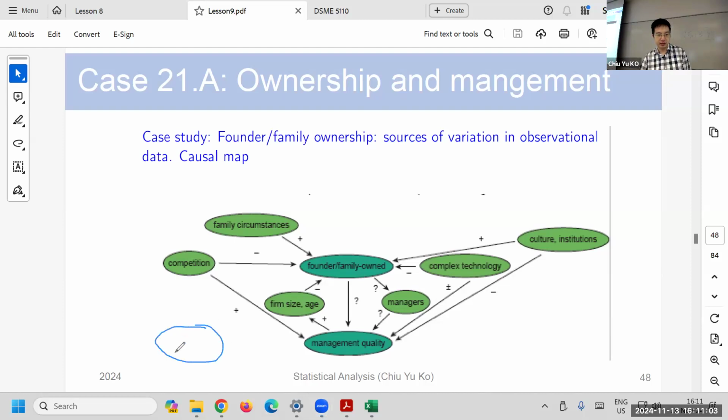If you can find something that affects this guy, yes, and not the other, then you can ignore the rest. You figure this out, then you're done, right? Things that affect your firm size, things that affect your age, but not these two.